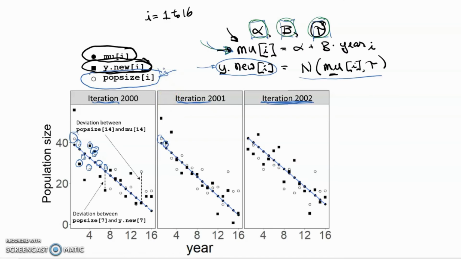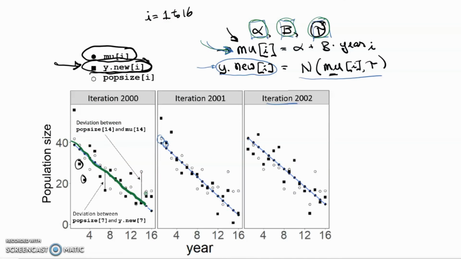So the whole idea of these goodness of fit tests is that we can ask the question, how good is the fit between our model line and our observed values of pop size, shown as these open circles? And we can ask ourselves, how good is the fit between these newly generated values of y new i and a particular model?